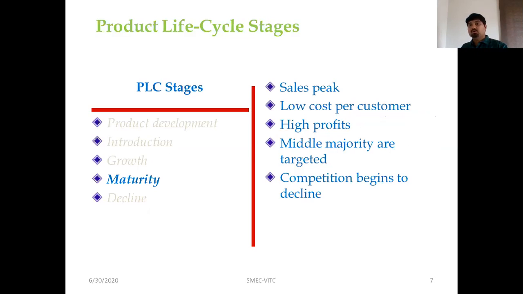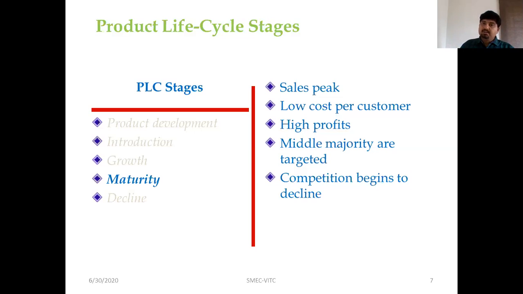They are going to speak about this product and get other customers to come and receive this product. There will be possibilities of getting high profits. And the next level: first one is the innovator phase, second one is the early adopters phase, third one is called the middle majority phase, who are going to be targeted during this maturity phase to purchase the products you are having.